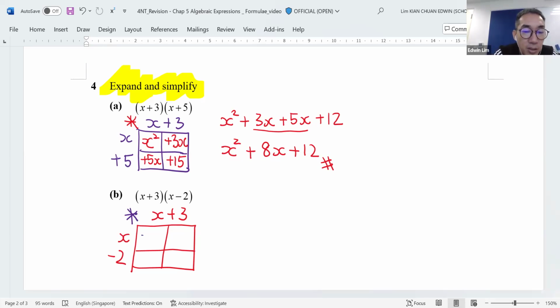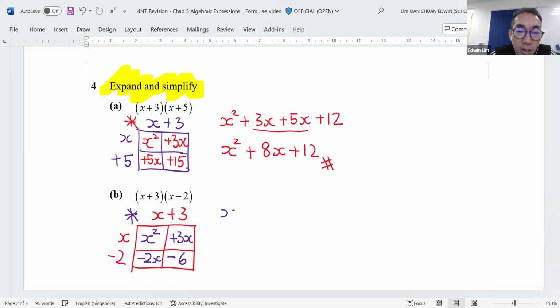X times x, x squared. X times positive 3, plus 3x. So you must be careful when you see a negative. Negative 2 times x, negative 2x, and negative 2 times positive 3, I get negative 6.